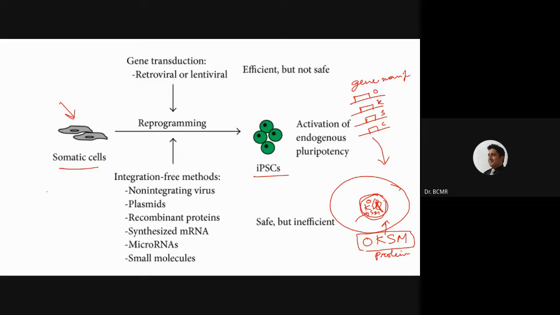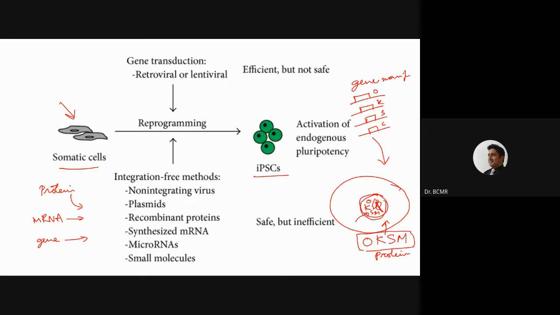So should we give only proteins? Can we give proteins directly into the cell? What if we can give mRNA instead of proteins? Or what if we can give genes directly into the cell where they would be transcribed, translated, and then the OKSM proteins are produced?